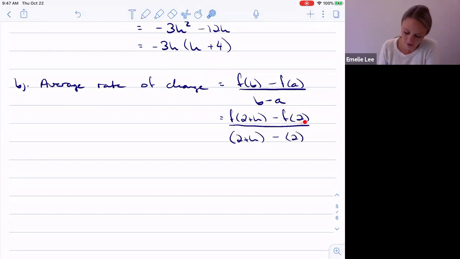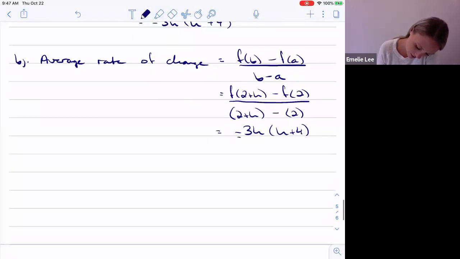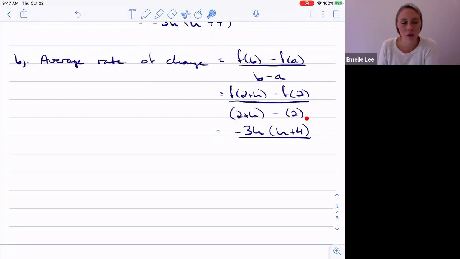We just found what this is, so I'm going to steal it from up here. This is going to be negative 3h times h plus 4, divided by 2 plus h minus 2, which is just going to be h.